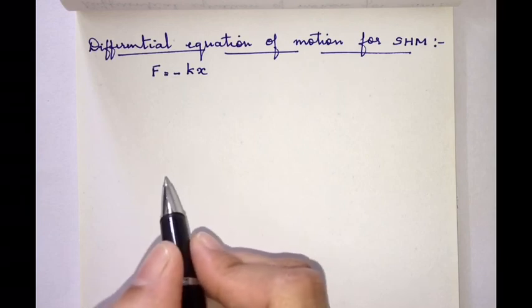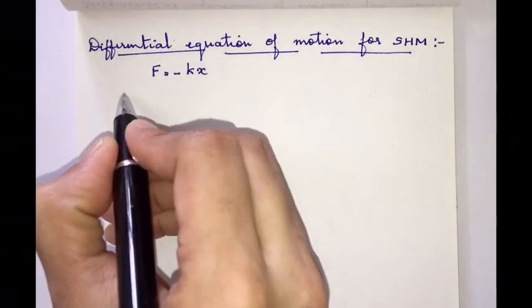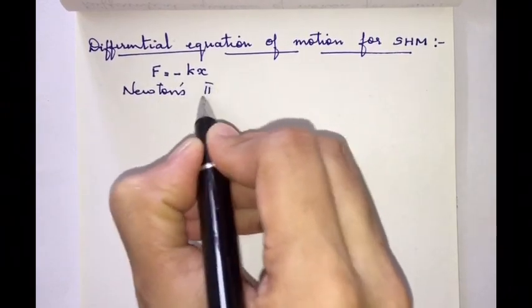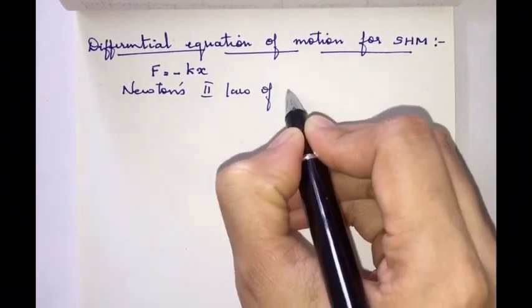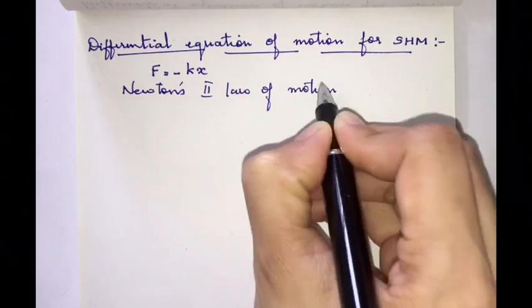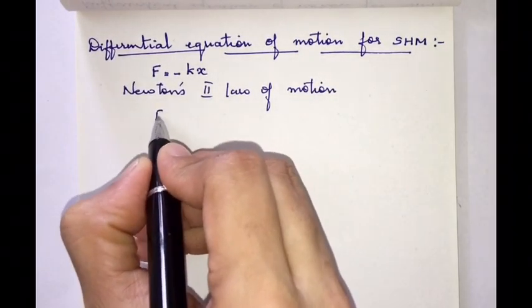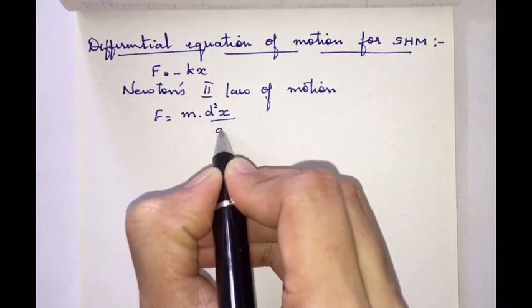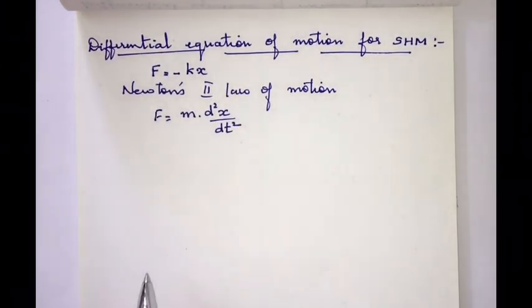As per Newton's second law of motion, we can write the force as force is equal to mass into acceleration, that is, m d square x by dt square.